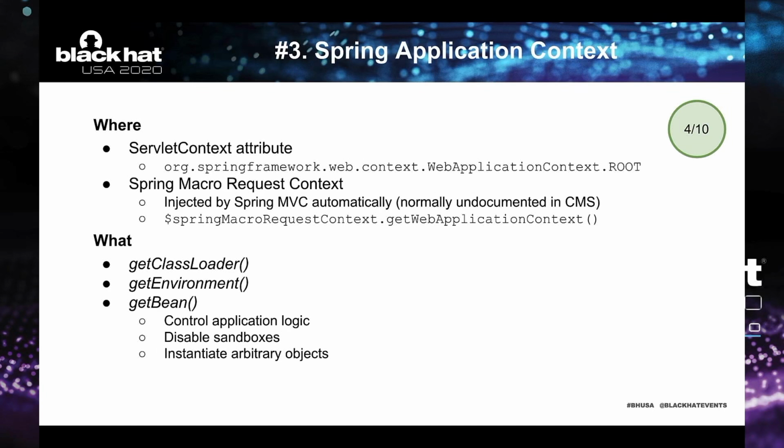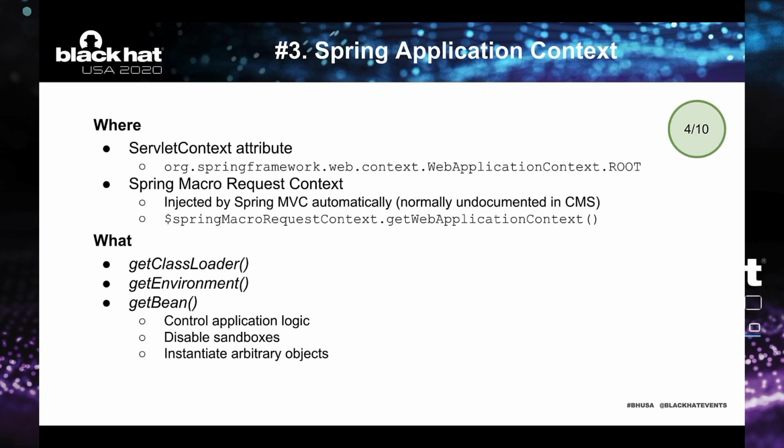The number 3 object that we found in 4 out of the 10 systems is the Spring application context. Actually, those were the only 4 systems that were using the Spring framework underneath to manage dependency injection. So we were able to access the Spring application context through the servlet context attributes, but also Spring MVC, if it's being used, will inject a variable called springMacroRequestContext into the template context.